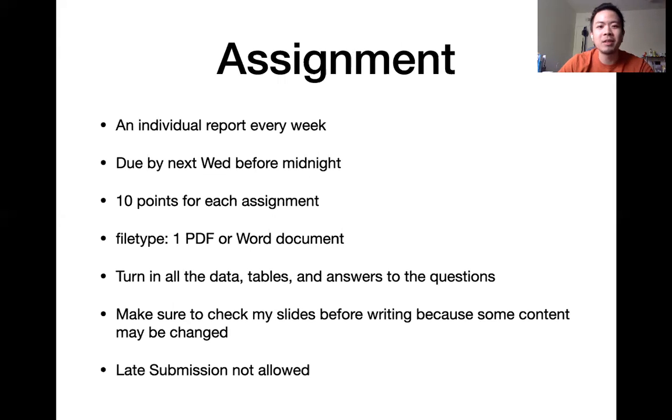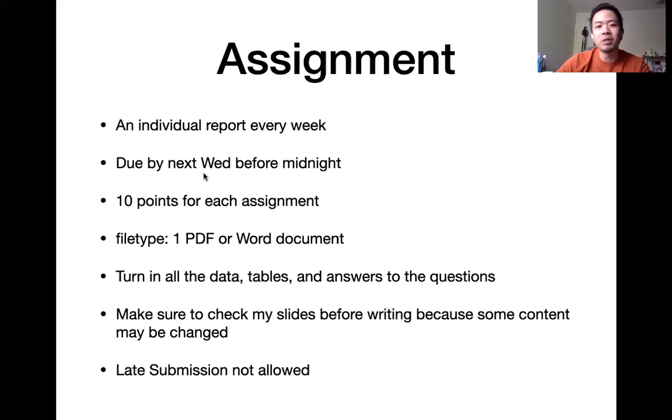The assignment will be an individual report. There is no group report for this lab, and you get an assignment every week, due the following Wednesday before midnight. For example, this week's assignment is due next Wednesday before 11:59 at night.